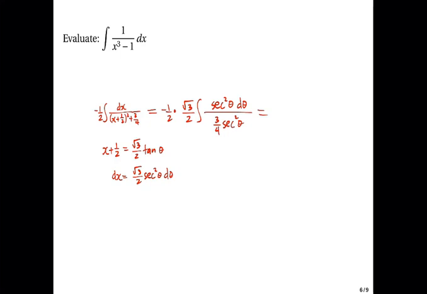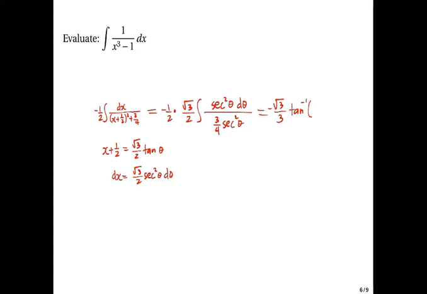The negative 1/2 times square root of 3 over 2 will cancel. So the denominator 4 here will cancel the denominator 4 here. So what will be left? It's negative square root of 3 over 3 arctan of x.